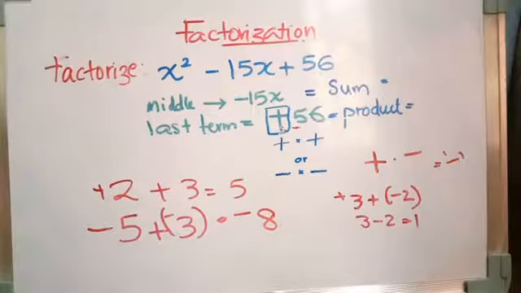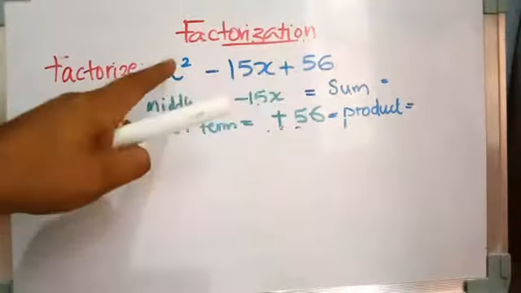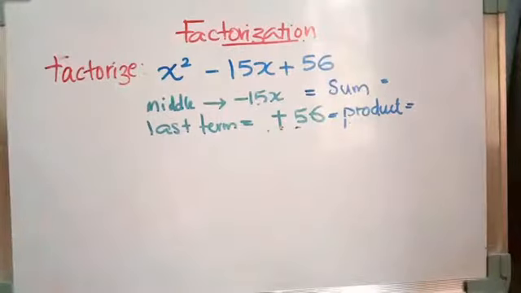Okay, let's check this question. Here the sum is minus 15x and the product should be actually 56x squared. Let's think about the numeral 56. Which two numbers can be used here?